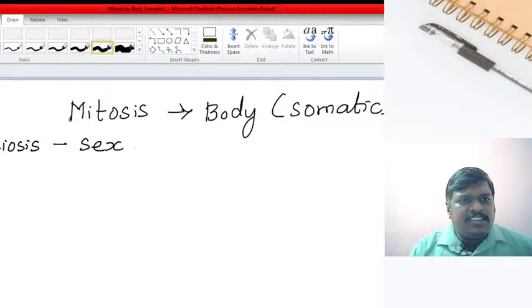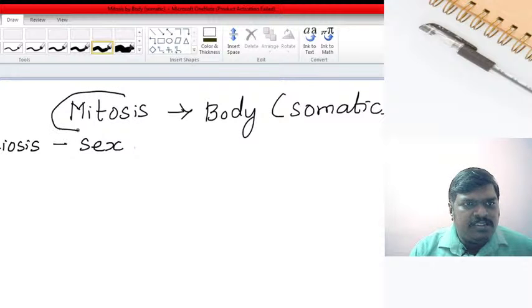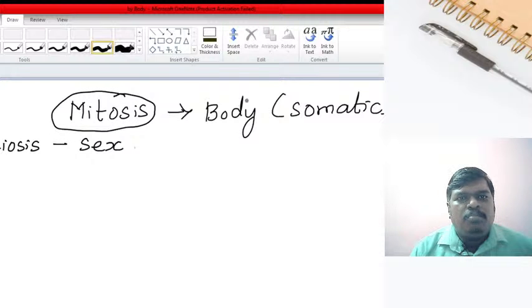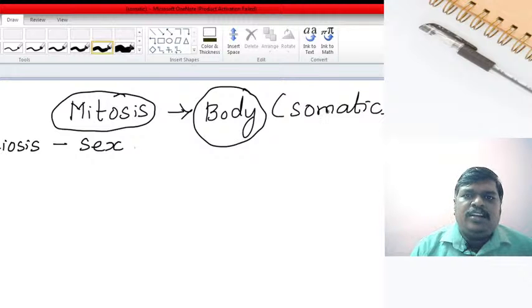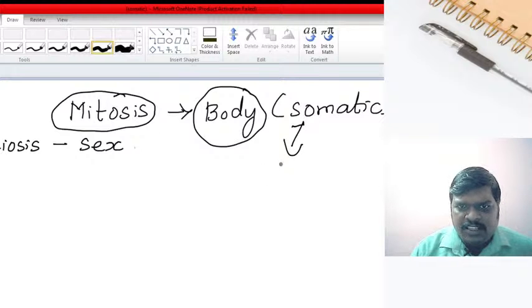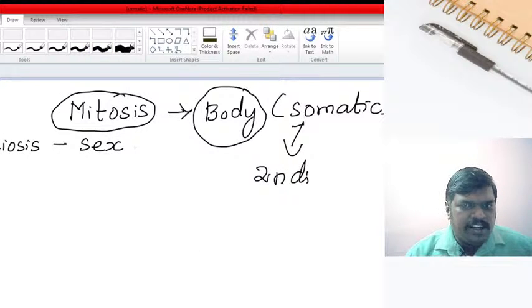So mitosis cell division occurs in the body cells. The somatic cells are always in the 2n condition, that is diploid.